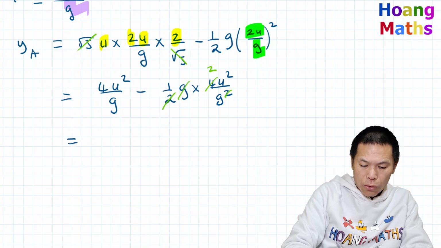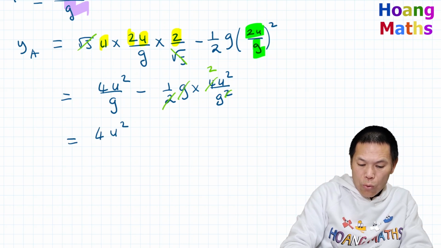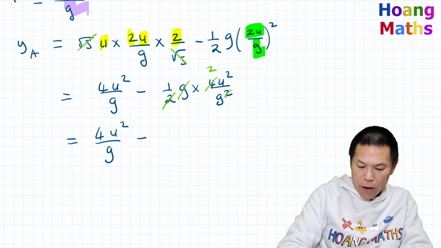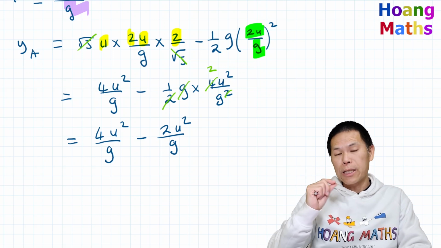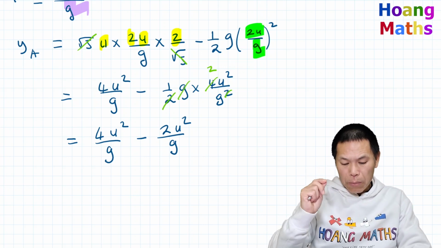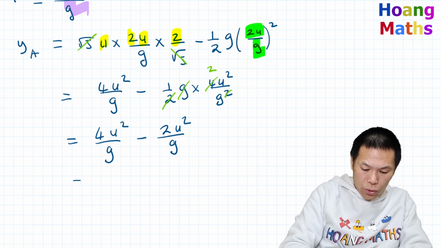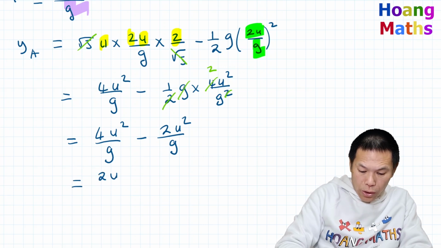So that is 4u squared over g minus 2u squared over g. We collect the like terms with the same common denominator: 4 minus 2 is 2. So the answer is 2u squared over g.